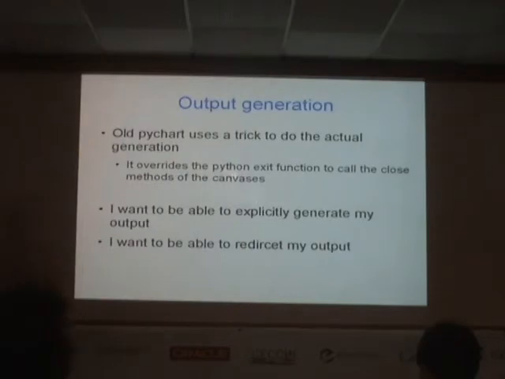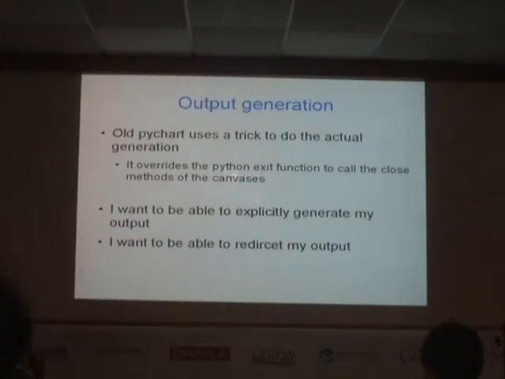And what this means is that you can't embed this program because you're relying on the actual call of the exit method. And it changes the exit method for you. So this is not very neat and nice at all.